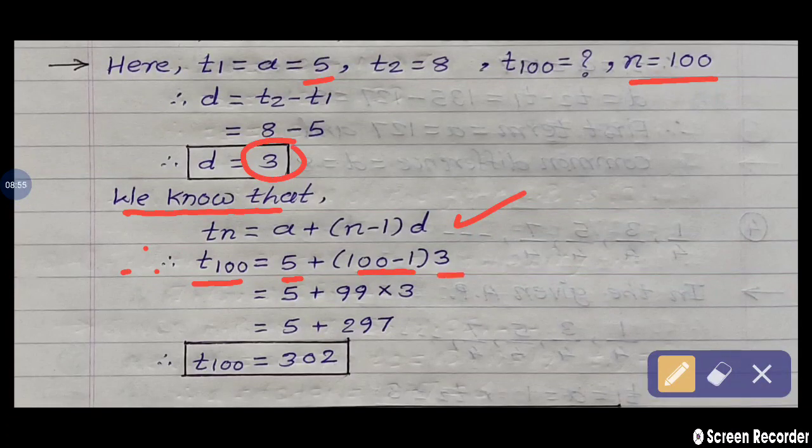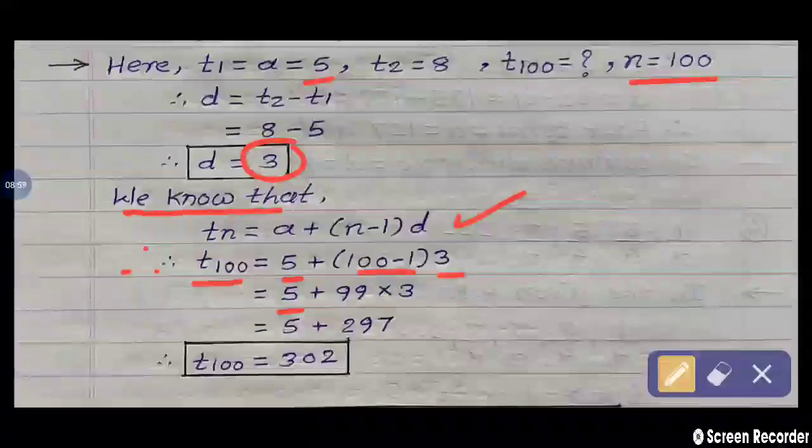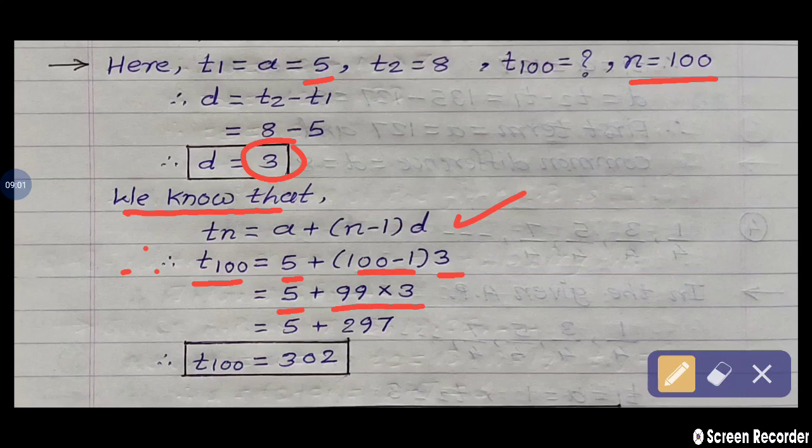Solve this bracket properly: 5 plus 100 minus 1 is 99, multiplied by 3. So 99 multiplied by 3 means 297, plus 5. So we are getting the answer: T100, the 100th term in the given sequence, is 302.